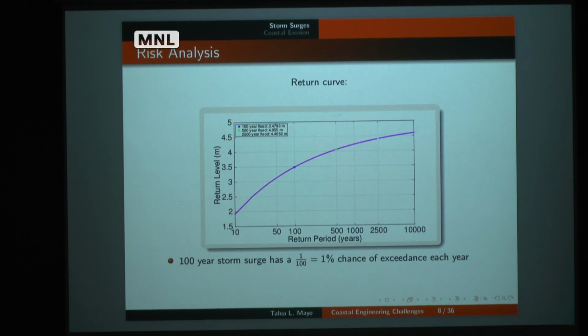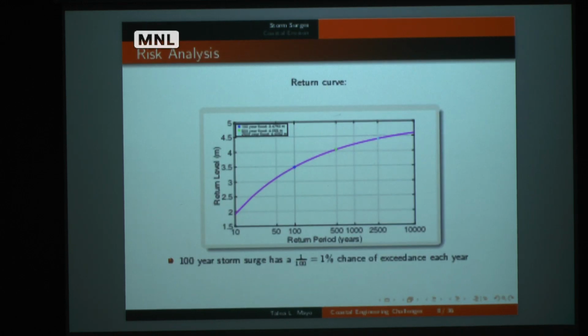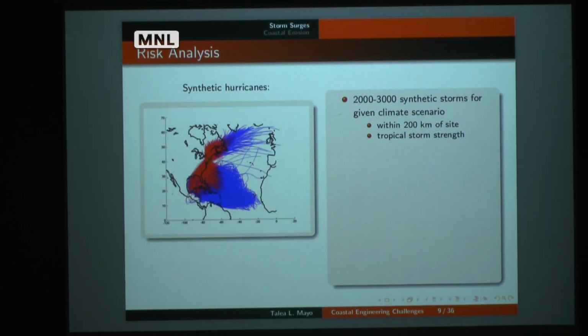Okay, so you get the return curve from the extreme value distribution, which is based on data, hopefully. But in the case of storm surges, you don't have enough data. So what we do is we create data. We can take synthetic storms, and in particular, they can correspond to a given climate scenario.